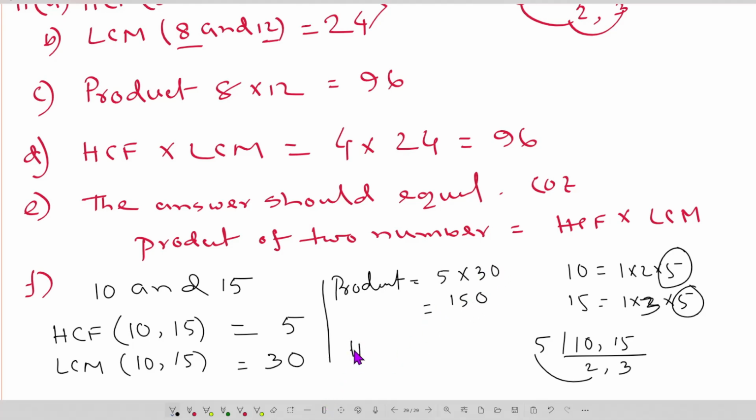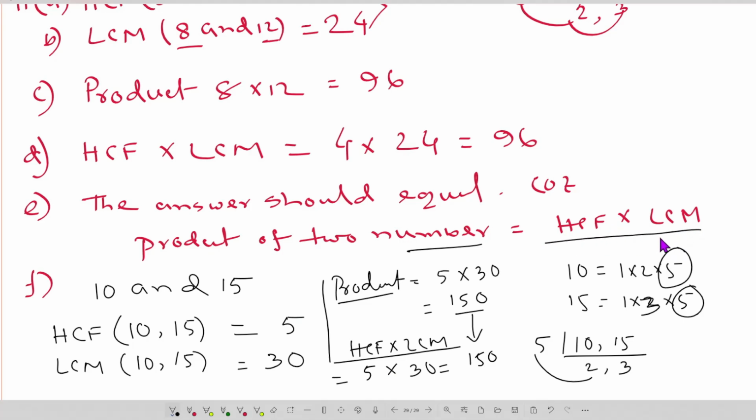Now HCF times LCM: HCF is 5, LCM is 30, so the result will be 150. Look, the product and HCF times LCM are equal. So it's always true: the product of two numbers and HCF times LCM will be equal.